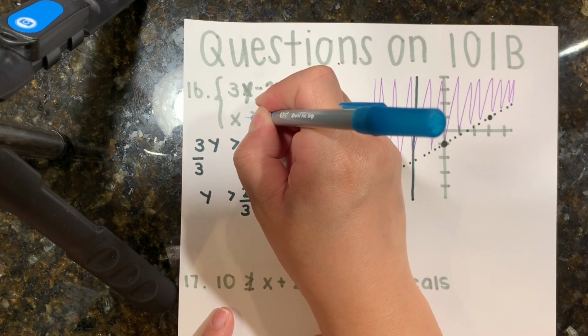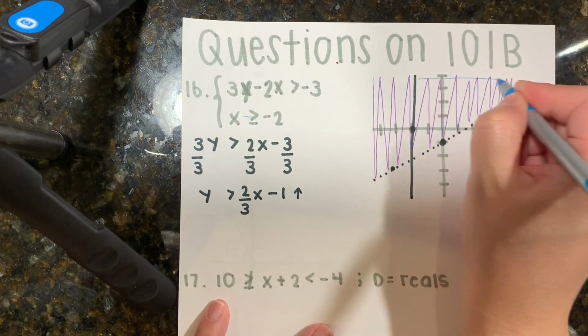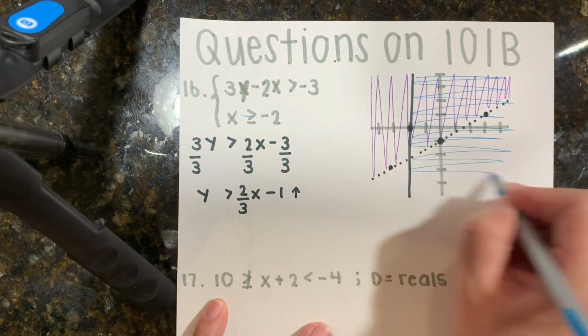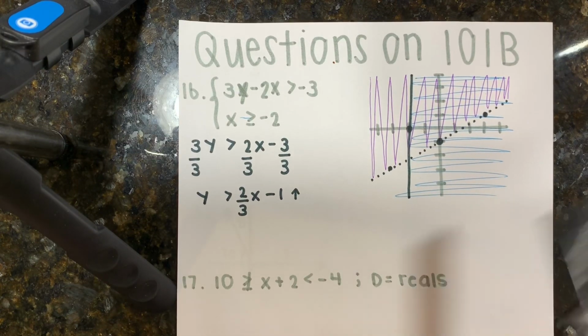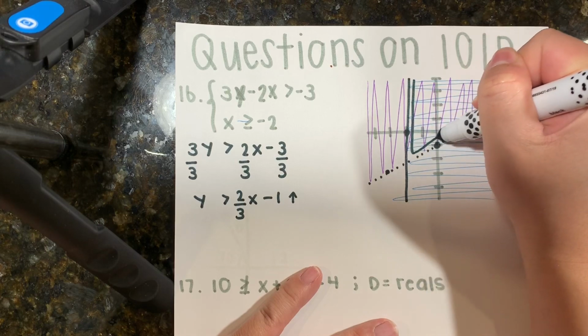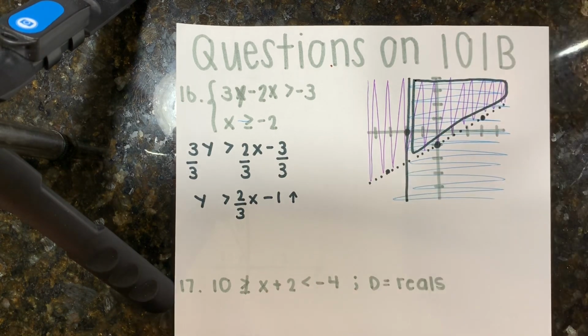And you know that if you stuck your line in your alligator's mouth, it points to the right. So I would shade everything to the right of that. And your answer would be everything that's covered by both. And that would be everything to the right of your solid line and then above your dotted line, and that would be your result there.